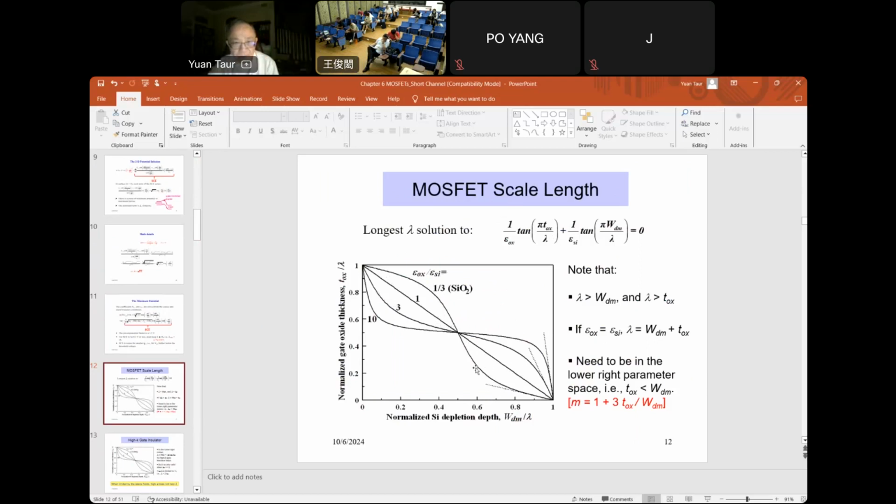And furthermore, we notice that there's a symmetry point here. At this point, the solution to this equation is independent of the epsilon ratio. And that's because both angles are close to pi over 2.